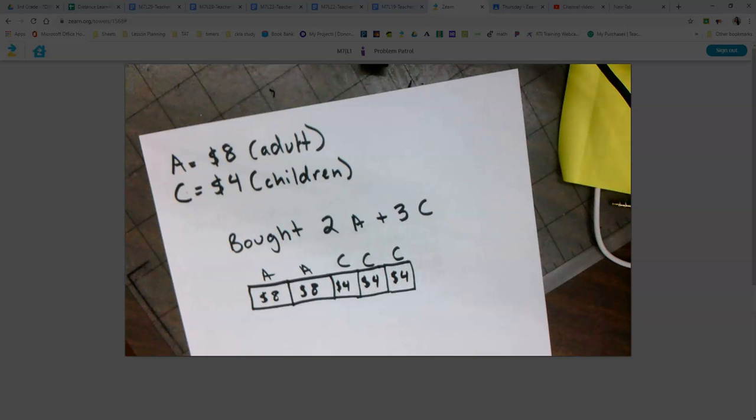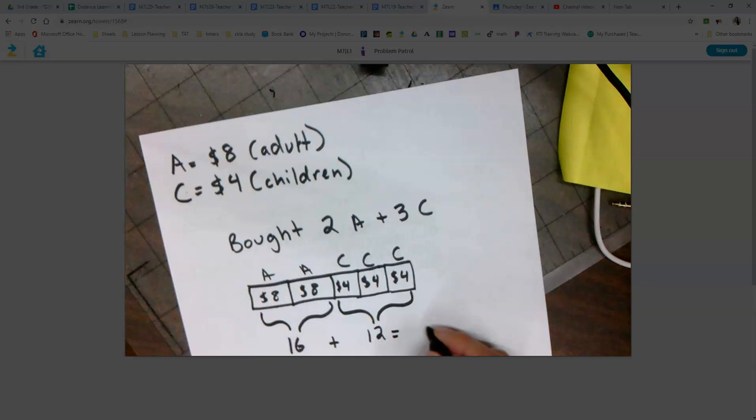Not too bad. Now all I need to do is add them up. That's pretty easy because I know that 8 and 8 is 16, and I know that 3 groups of 4 is 3 times 4, and that's 12. And all I need to do is add 16 and 12 together. 6 ones plus 2 ones is 8 ones.